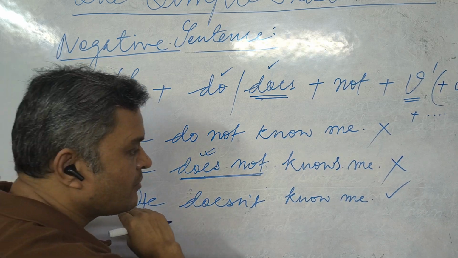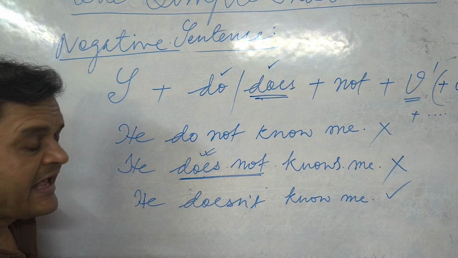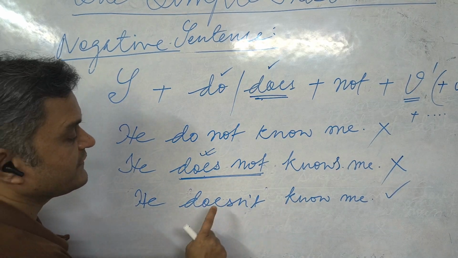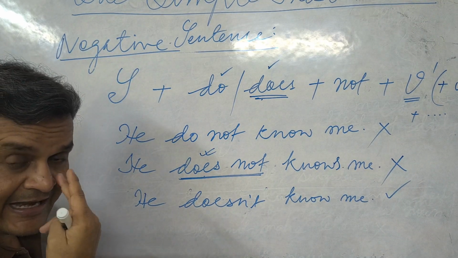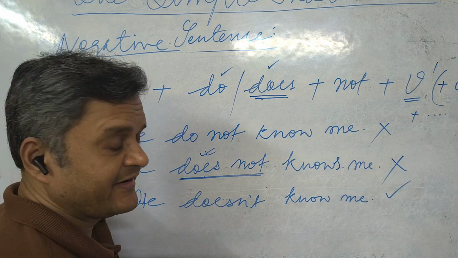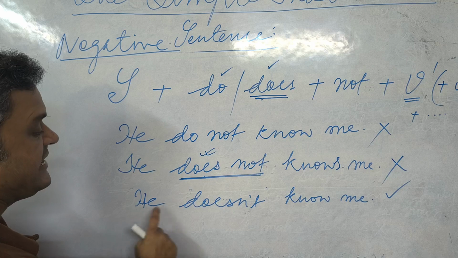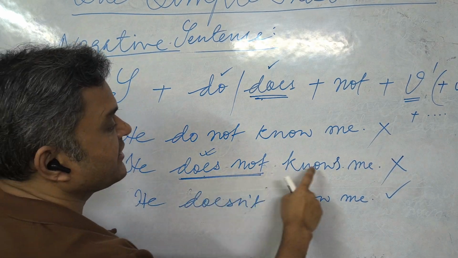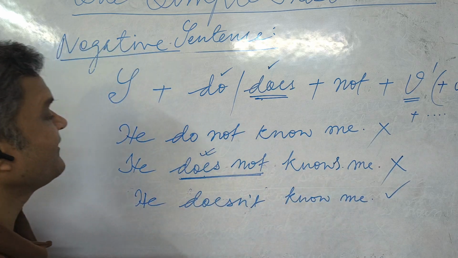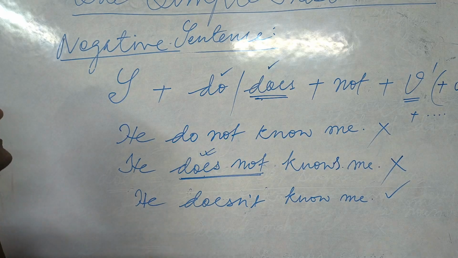So the whole sentence or the whole verb phrase has become singular. So you will not further singularize it, right? It will become doubly singular. That mistake we have to avoid. He doesn't know me. Don't say he doesn't knows me or he do not know me. I hope you got it.